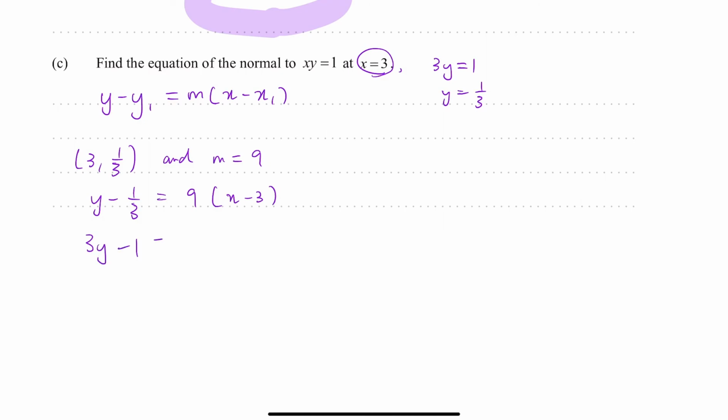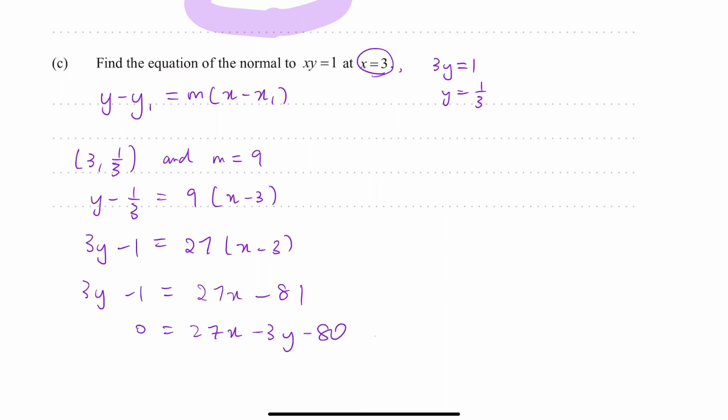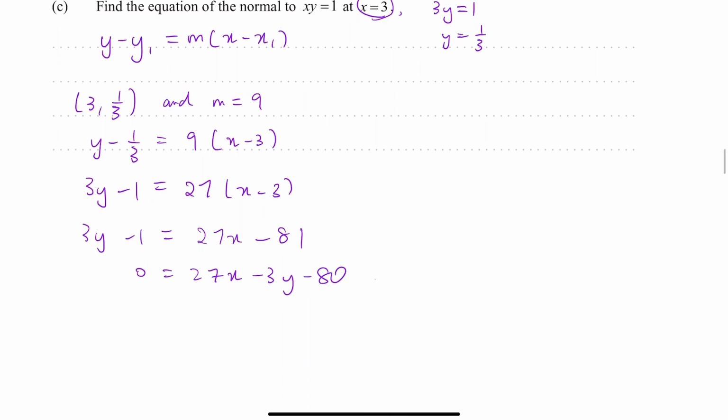So let's multiply by 3 everywhere. 3y minus 1 equals 27x minus 81. And let's say 27x minus 3y minus 80, and it looks like we can't simplify further, that's it.